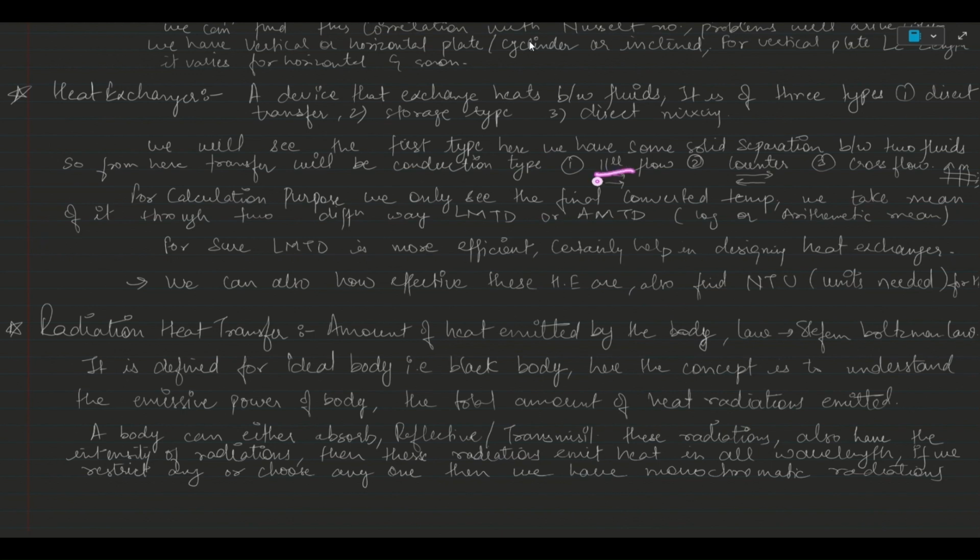The first one is the parallel flow, when the hot fluid as well as the cold fluid are transferring heat while flowing parallelly. The second one is the counter flow. When hot is going this way and cold is going in the opposite direction, it's a counter flow. Cross flow, one is in the vertical direction, one is in the horizontal direction, and then the heat transfer is happening.